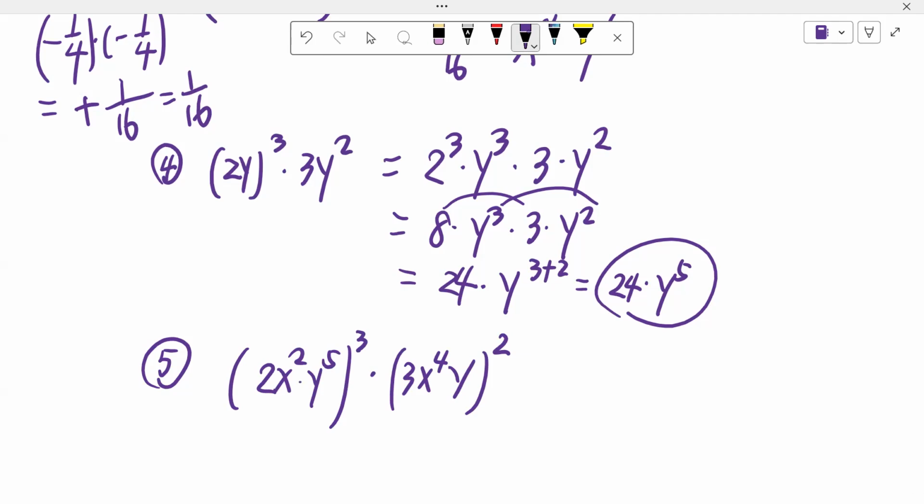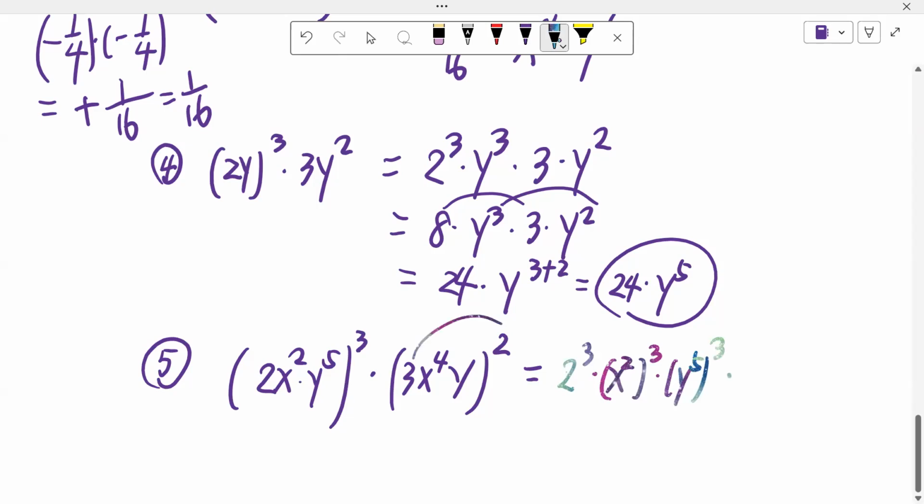For the first parenthesis, we can just split it as 2 cubed times x squared to the third, and y to the fifth to the third. The second one, 3 squared times x to the fourth to the second and y to the second.